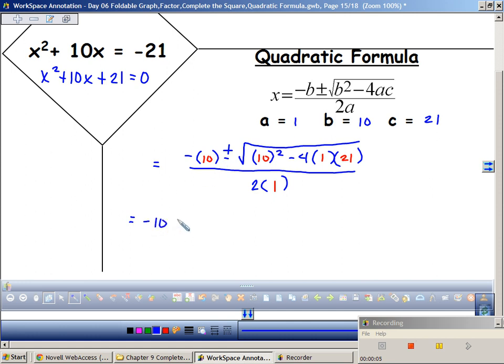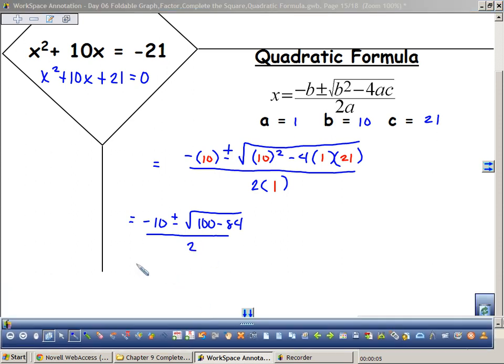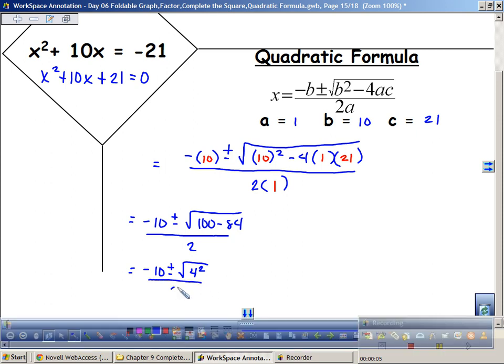Equals negative 10 plus or minus radical 100 minus 84 all over 2, equals negative 10 plus or minus radical 16, or 4 squared, all over 2.